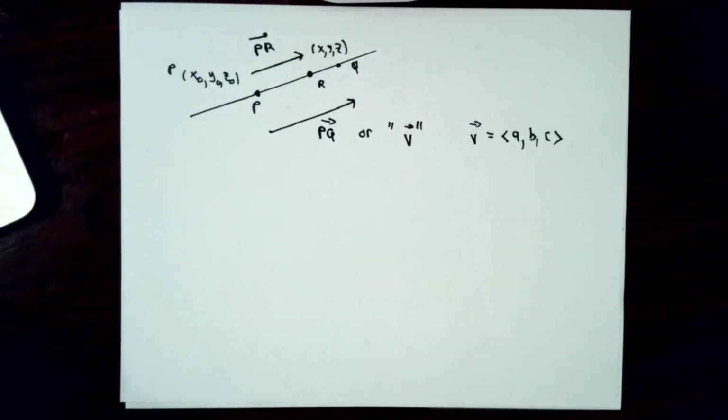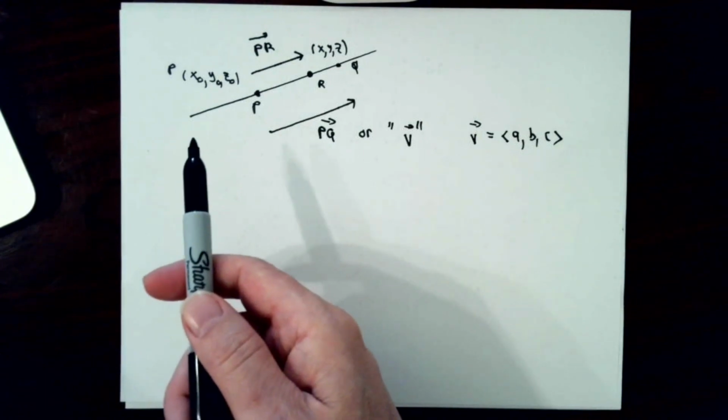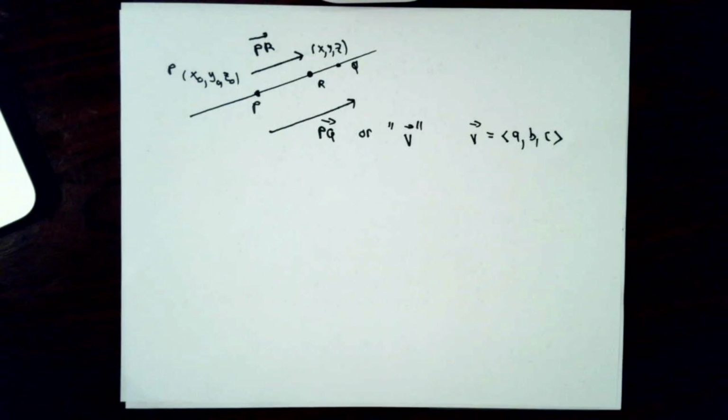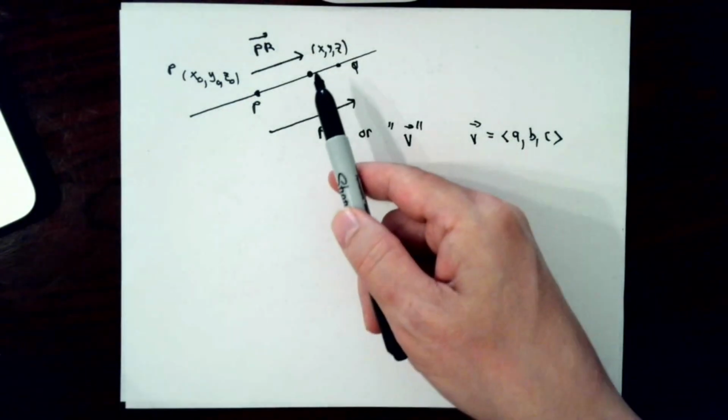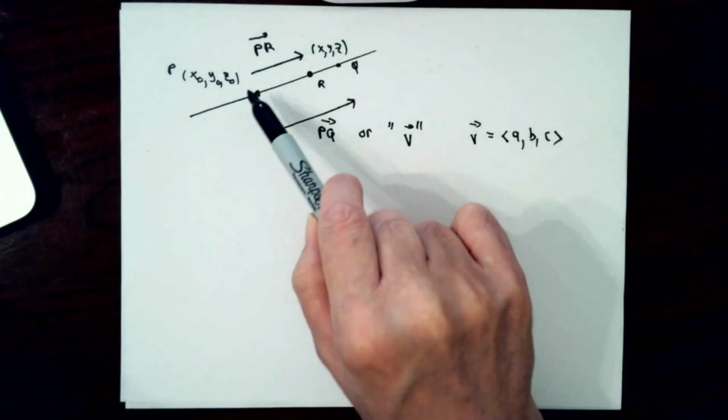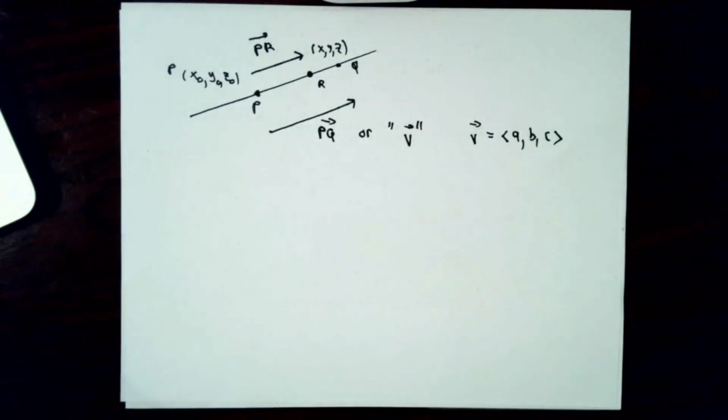If I pick a point on the straight line that is not point P, whose coordinates I'm going to call x0, y0, z0, call the coordinates of this other point just x, y, and z, representing some generic point on the straight line. If I form the vector from P to R, then this is a vector that connects 2 points on the straight line.